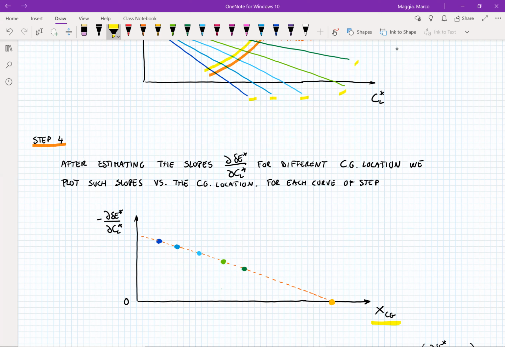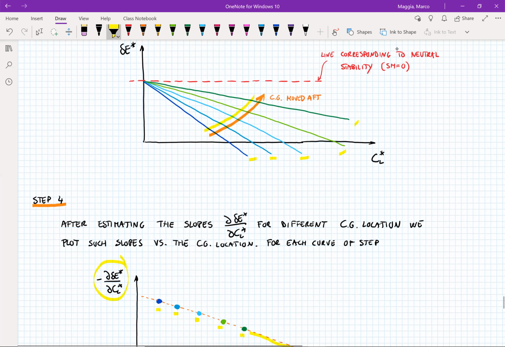So in this case, let's say we have these 5 data points, and then we extrapolate until we intersect the x-axis. Because in the x-axis, we have the location of the center of gravity, and in the y-axis, we have the slope of these curves here.